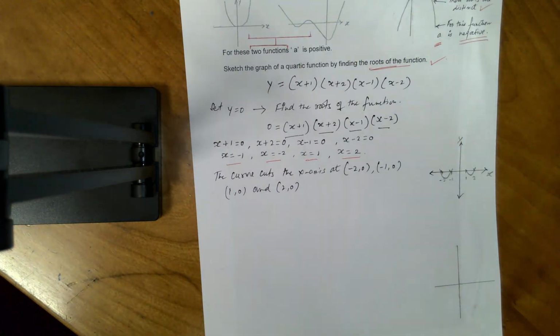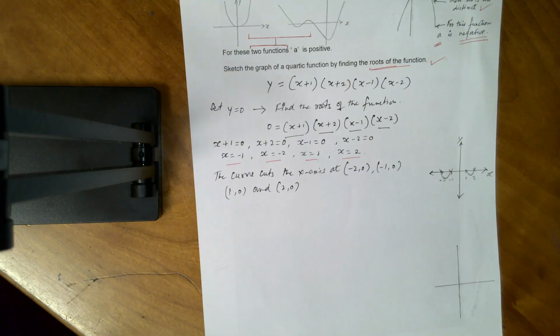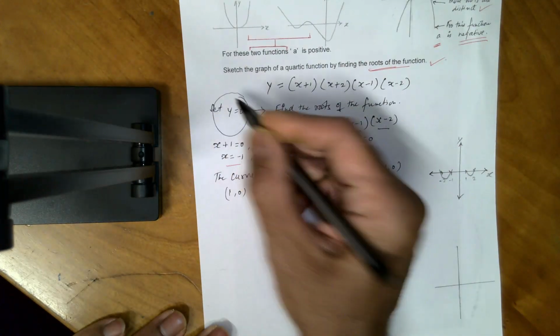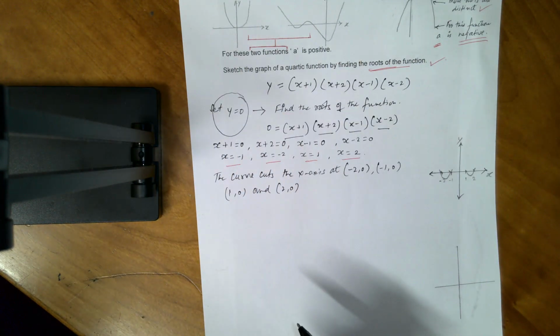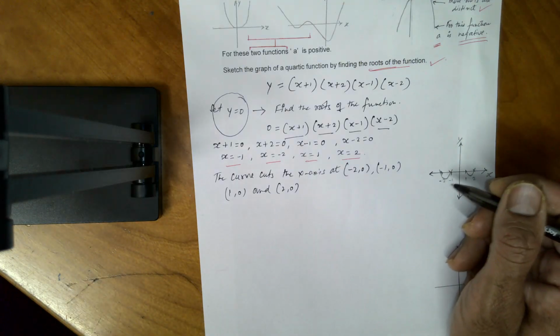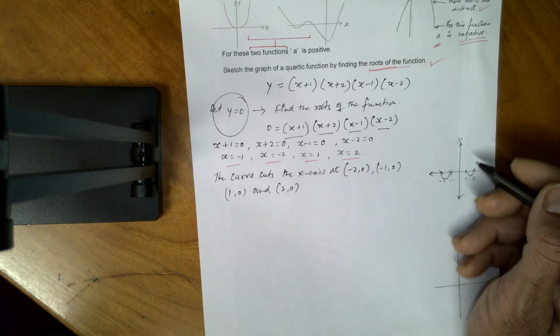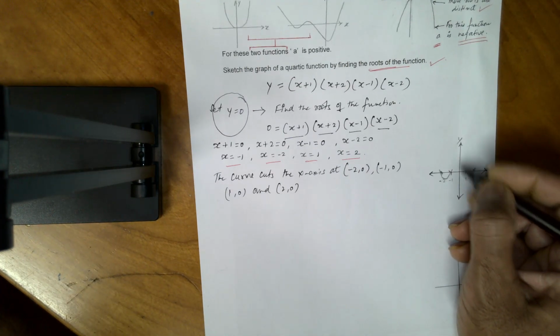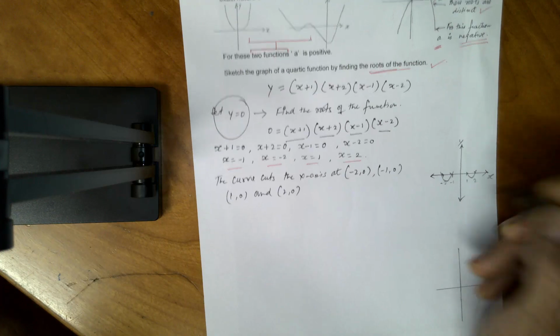So when x is 0, we've done our y 0. Now we substitute x equal to 0 into the function to find the coordinates of the y-intercept. Why do we need to do x equal to 0? So that we can find the y-intercept. It could be this or it could be this. We will see what we get.